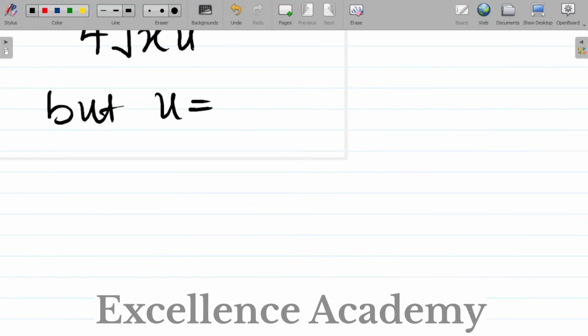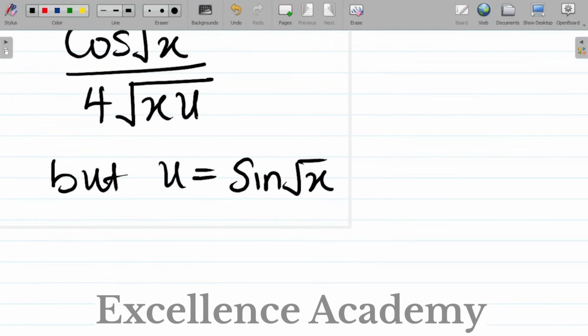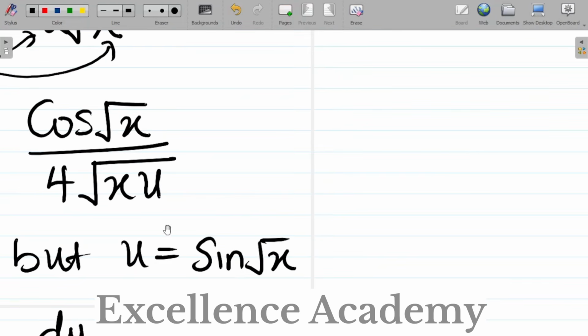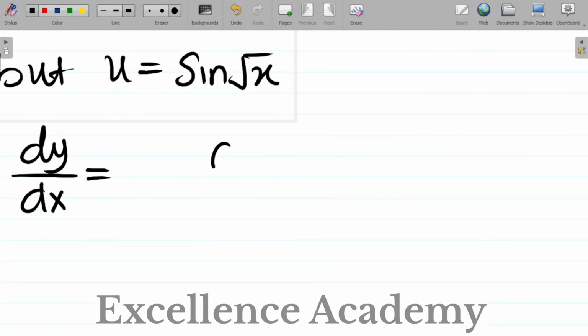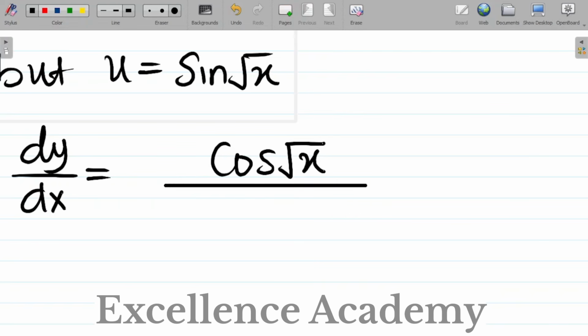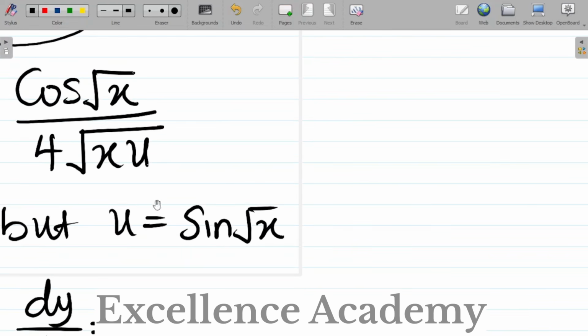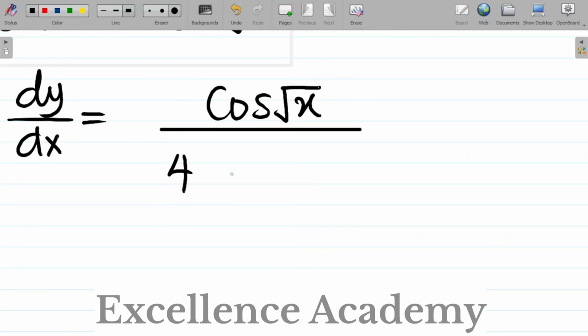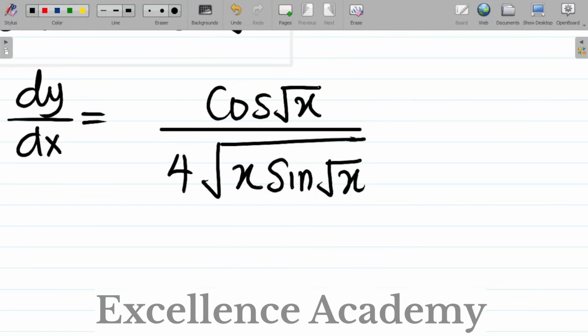So from here, we can now have that dy over dx is equal to cos of root x, that's cosine of root x all over 4 times the square root of x times u. U is sine of root x. So you have this. So basically, this now becomes the answer to the question. So this is how you solve this question.